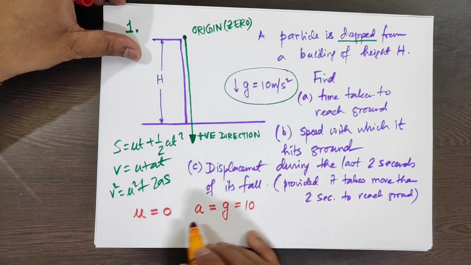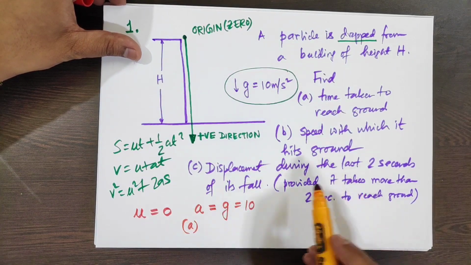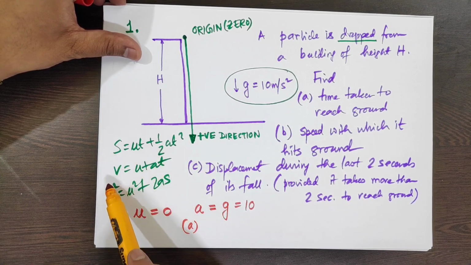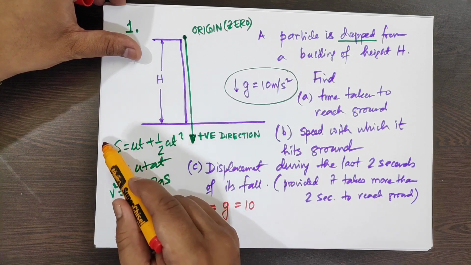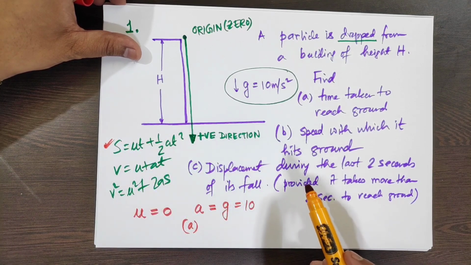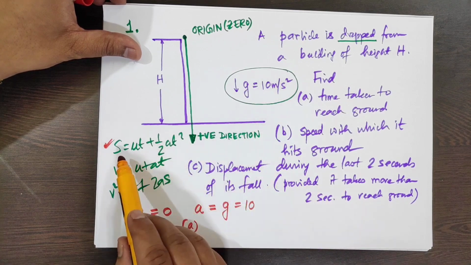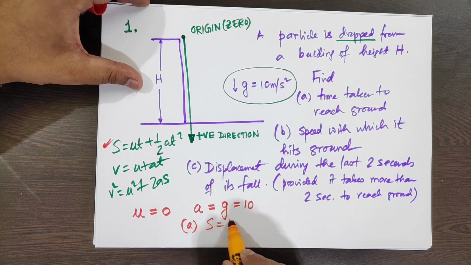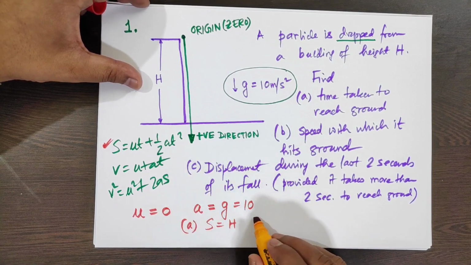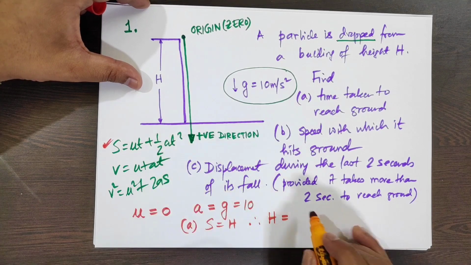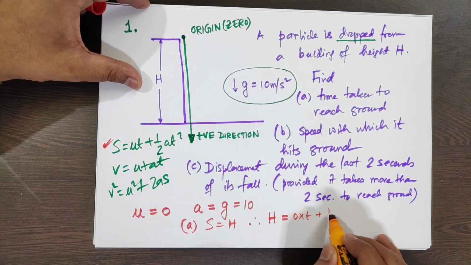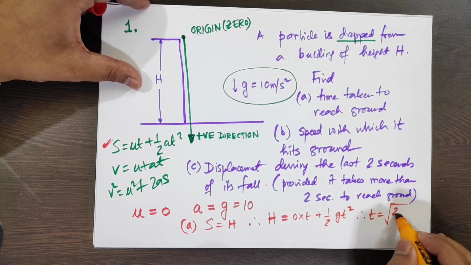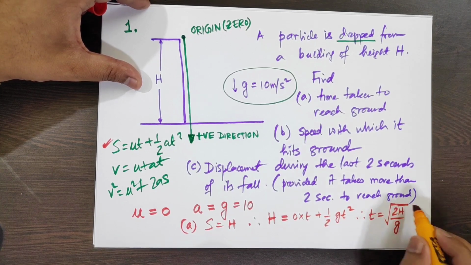So for solving the first part, time taken to reach ground, out of these three equations obviously you will apply the first equation. Suppose it reaches ground in time t, you know the value of s. From here to here displacement is h, so I put s equal to h at time t. Therefore h equal to 0t plus half gt square, so t equal to root over of 2h by g.